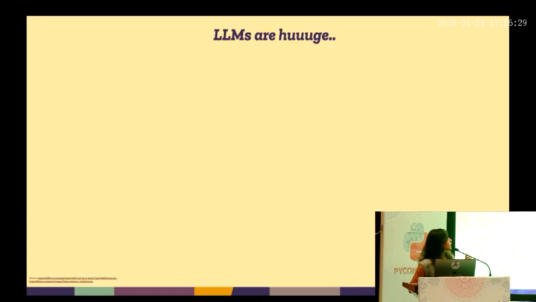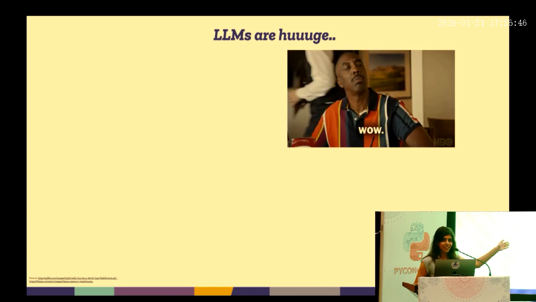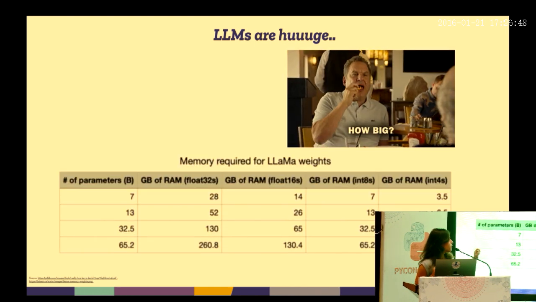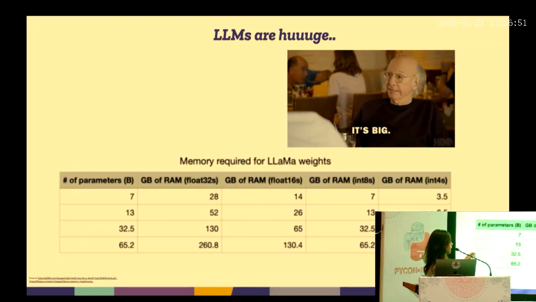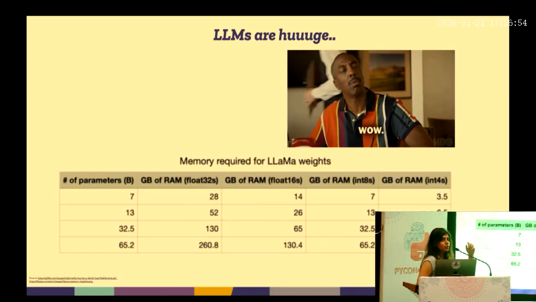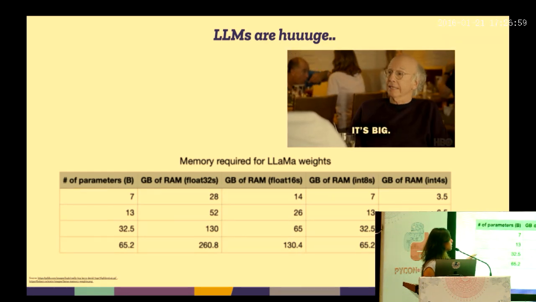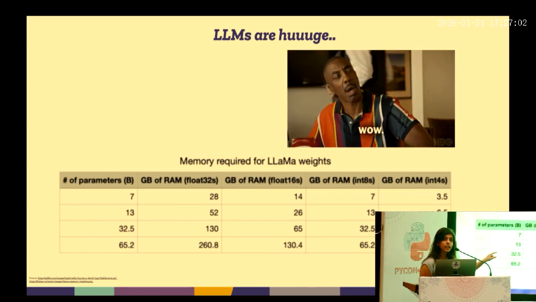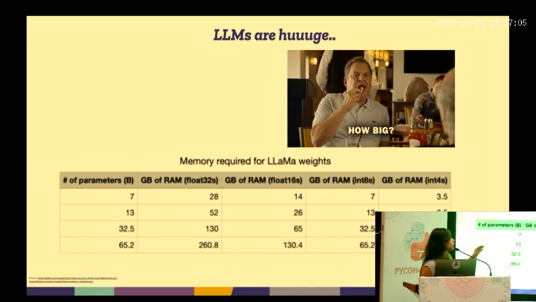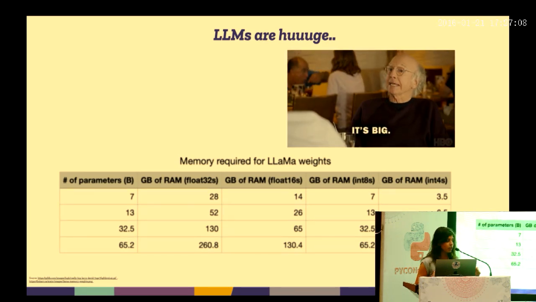Now, when we say the models are huge, the number of billion parameters is not the measure we use day in, day out to judge model size. We need a measure that gives us the look and feel of the size of these models. I found an interesting chart on the internet. On the left side we have a column with the number of parameters in billions, and if you load it into a particular data type, the amount of GB of RAM you will require to load it into memory.